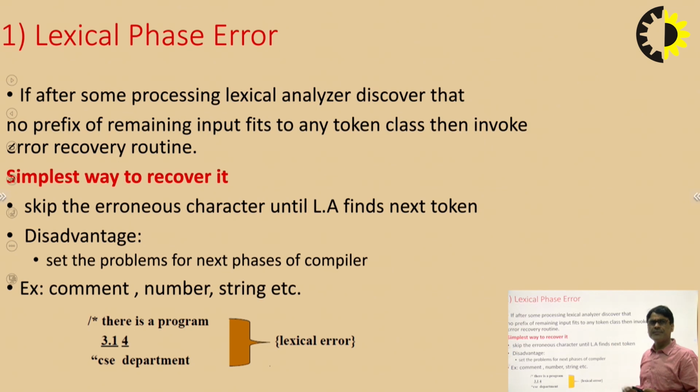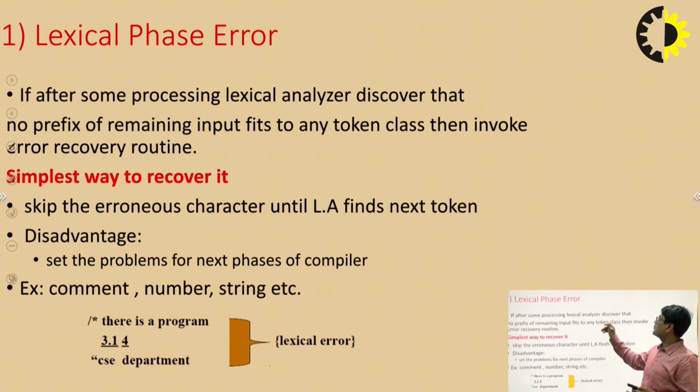These are all kinds of tokens. So when you are writing code and you are not getting the proper token, this may be categorized as a lexical phase error.